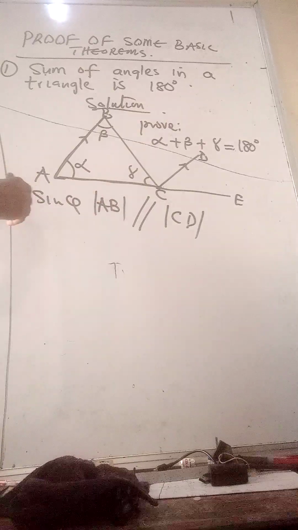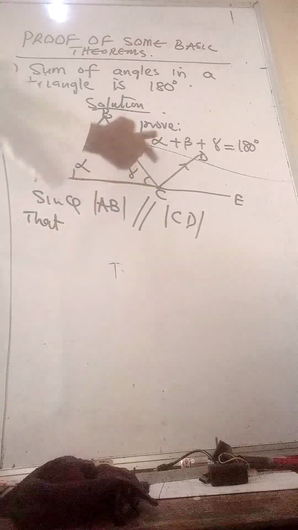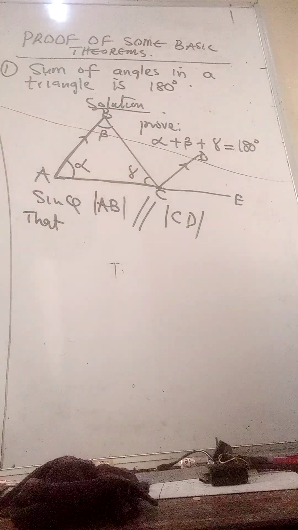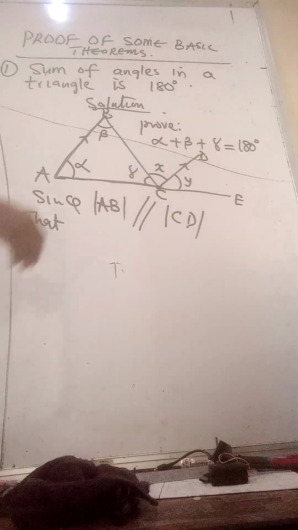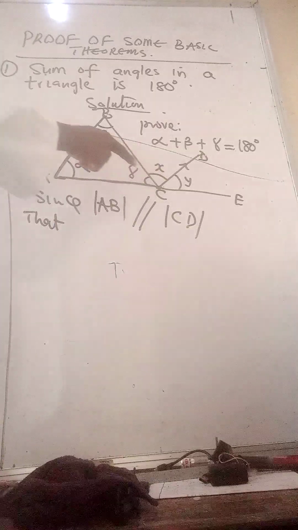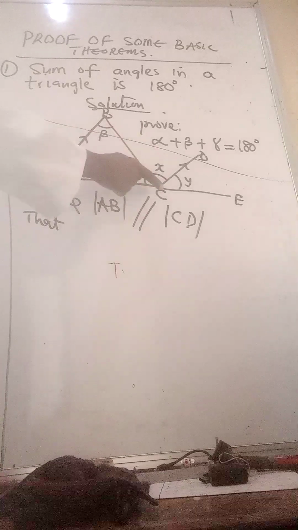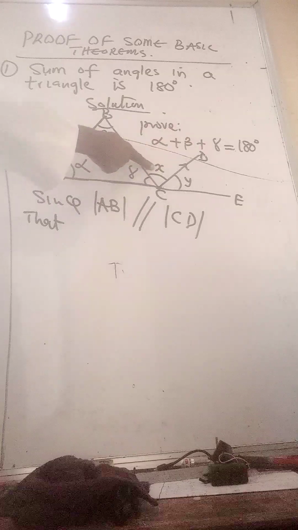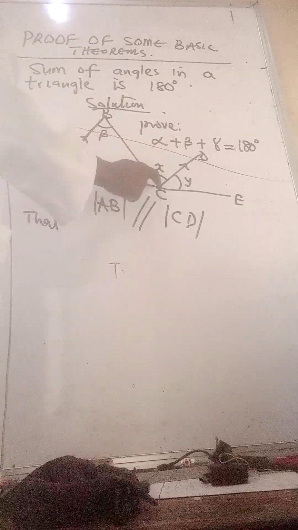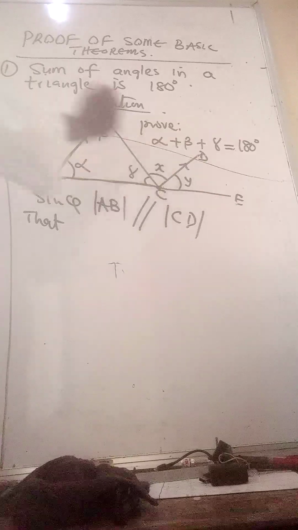That means, okay, I want to label some other angles here. All right, I have labeled the two angles outside the triangle. Those are angle BCD, which is labeled X, and angle DCE, which is labeled Y.